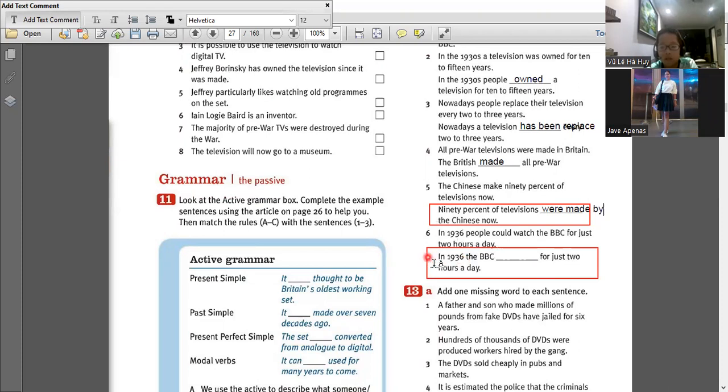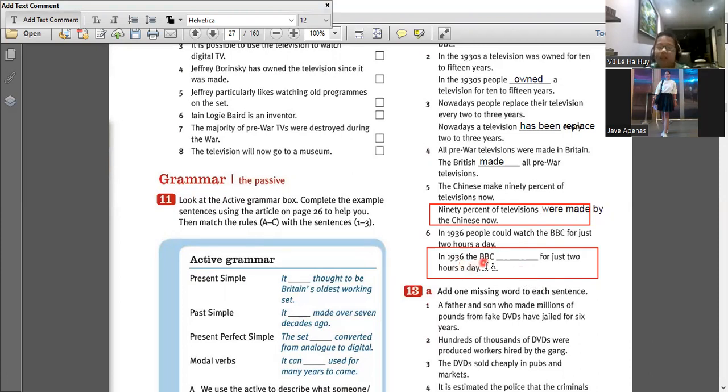Now, in 1936, the BBC, in people could watch for just 2 hours a day.